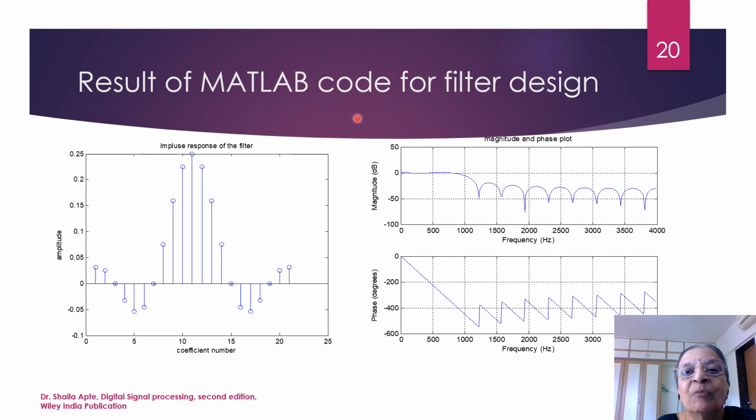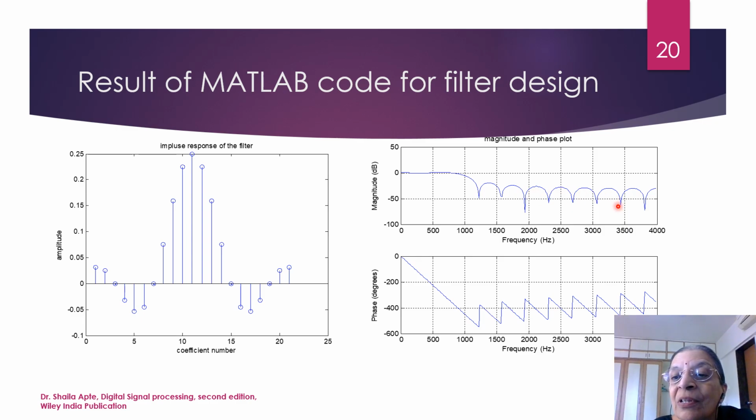Now, if you write a MATLAB code for filter design, you will get the filter response coefficients like this. In MATLAB, the corresponding 0th number is actually 1, but you plot it from 0 to 21. Now, this is the magnitude response plot. Magnitude is almost flat up to 1000 as was expected. After 1000, that is the cutoff frequency, we are getting oscillations in the stop band.